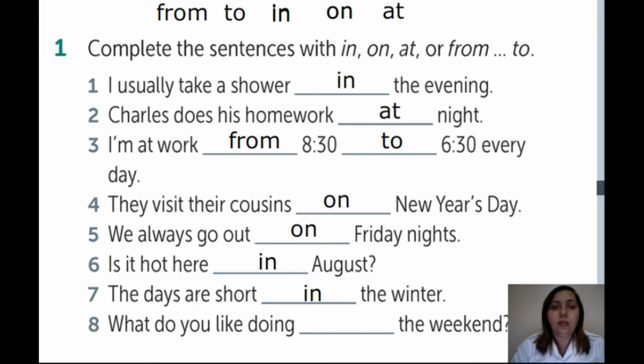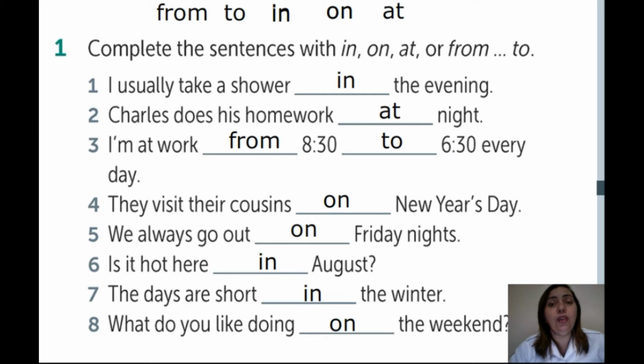Remember? The answer is in the winter. So we use in before the seasons, right? So you say in the summer, in the winter. And number 8, what do you like doing? The weekend. What is the preposition that we use before the word weekend? Number 8, on the weekend.